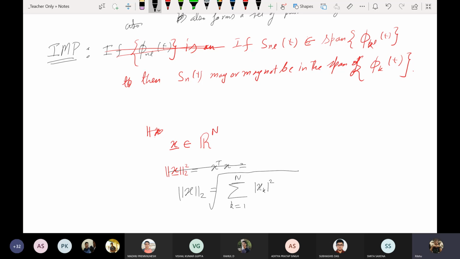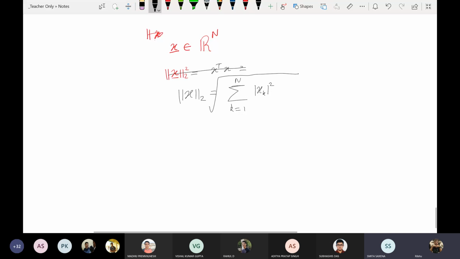Right, this is how we define the length of the vector. Right, Smita? Yes, sir. Now, this is called the small l2 norm.